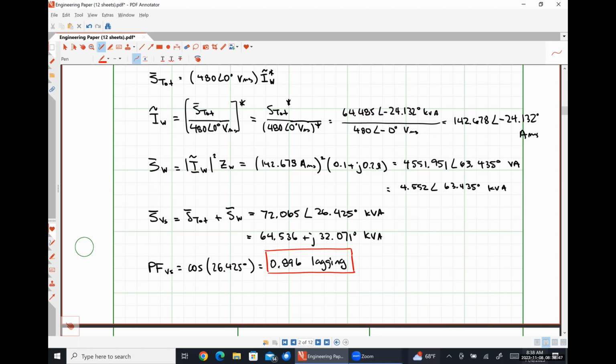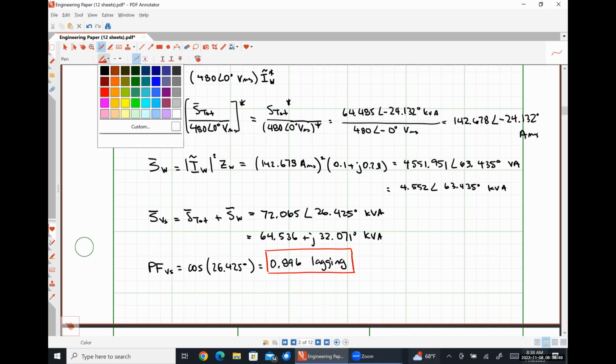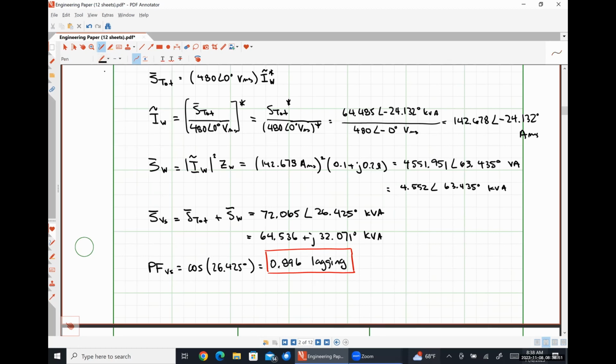So I would argue that S_VS, remember that this is supplied complex power here. We're trying to find the complex power supplied by our source, which is going to be the voltage drop across our source times the conjugate of the current entering the negative polarity terminal of our source, which is just I_W, which we already found.